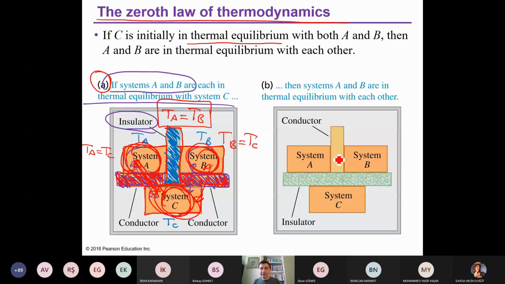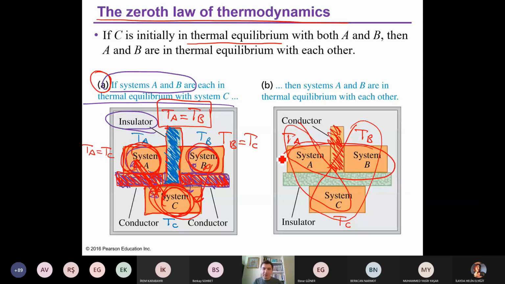Here we have a thermal conductor between A and B. This is on the left side, system A with TA, and on the right side we have system B with temperature TB. And here we have system C with temperature TC. So if system A and system C are in thermal equilibrium, and system B and C are in thermal equilibrium, then it means that A and B are in thermal equilibrium.